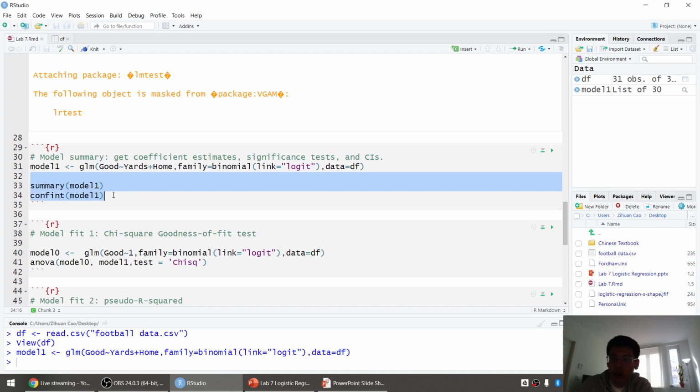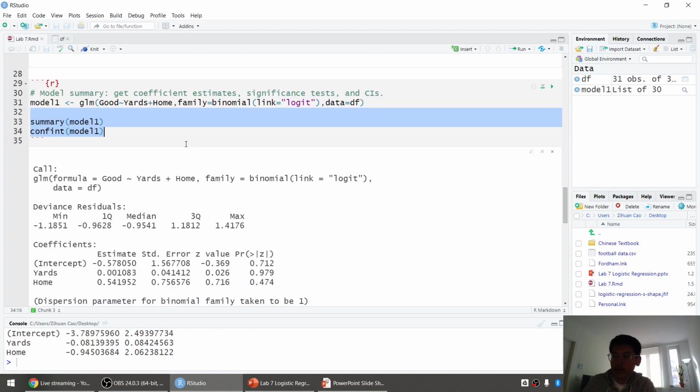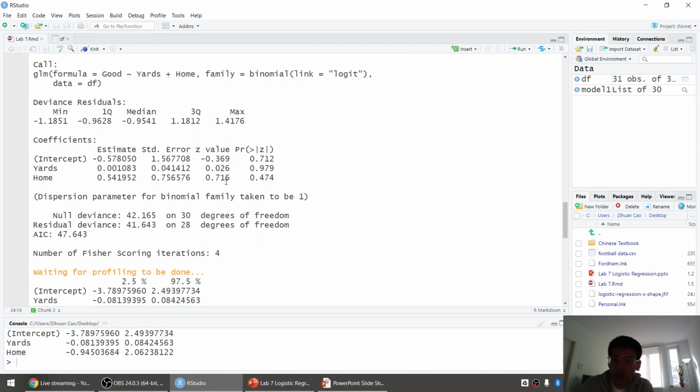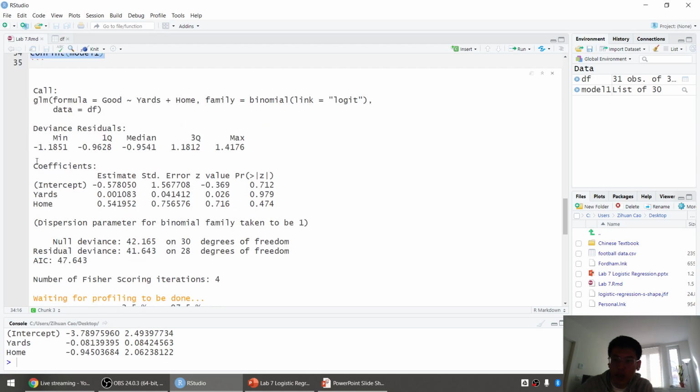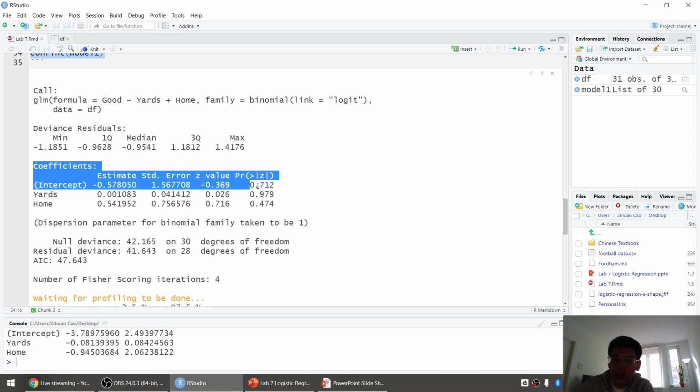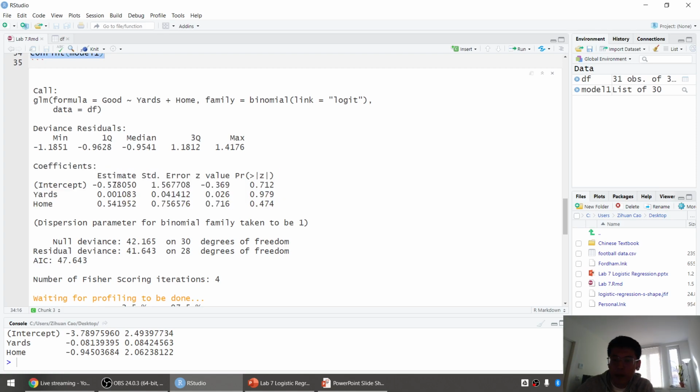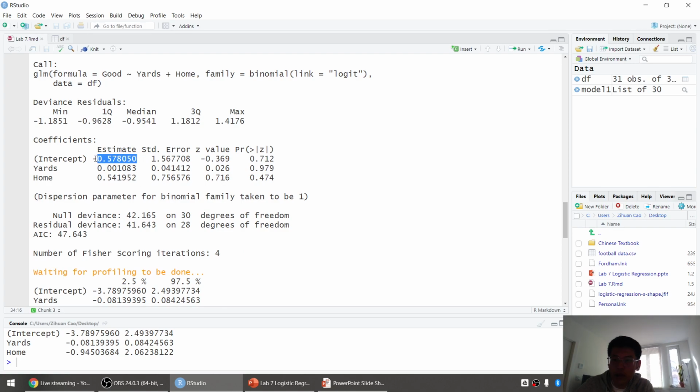We can see our summary and the confidence interval. In the summary of the model, what you can get is the estimates of the parameters: the intercept, the constant, and our beta hat 1 and beta hat 2, and their corresponding z value and p value.